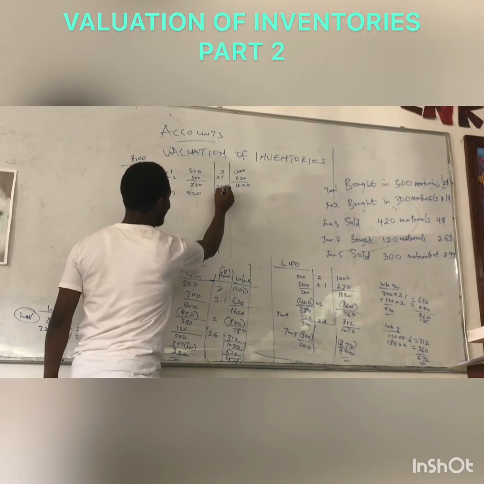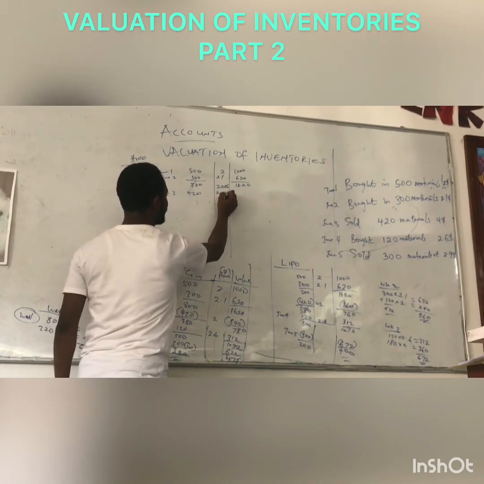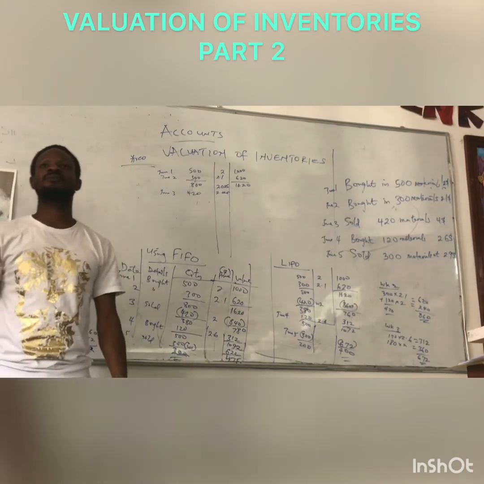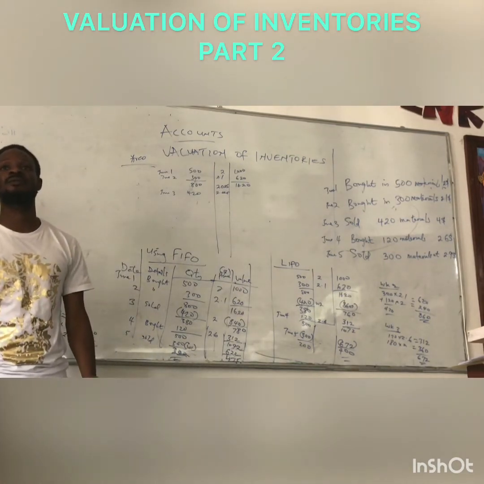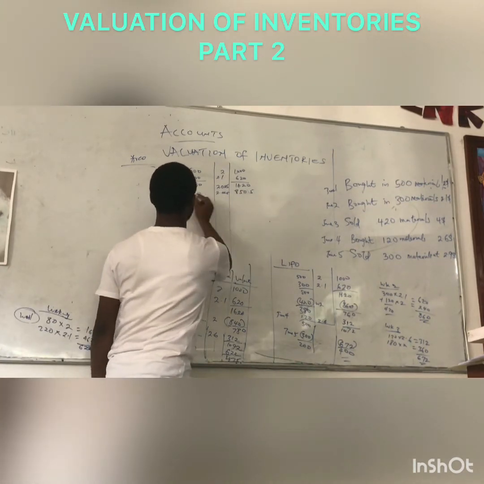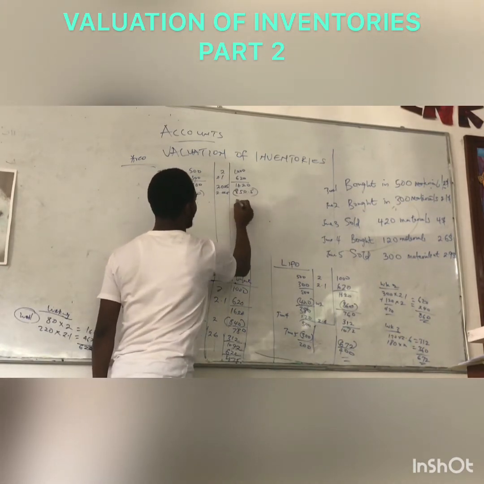420 units are sold, and it must be at this price, 2.025. 2.025 times 420 is 850.5. 850.5 is the cost of goods sold here.